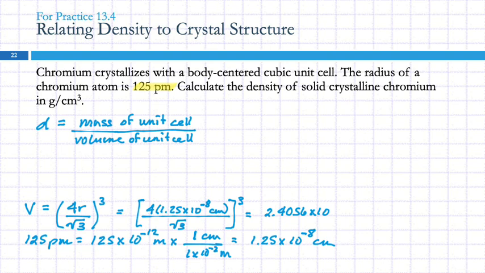That gives 2.4056 times 10 to the minus 23rd cubic centimeters. That's the same ballpark as that other one, right? So that's the volume of the unit cell. It's teeny, teeny, tiny.